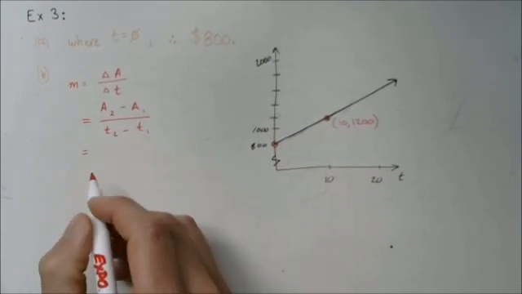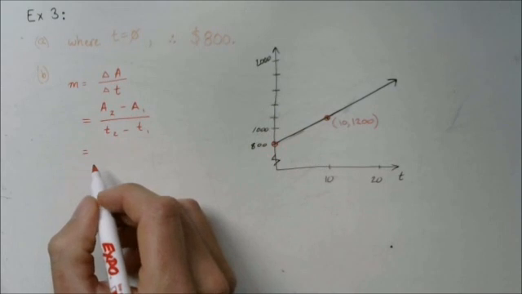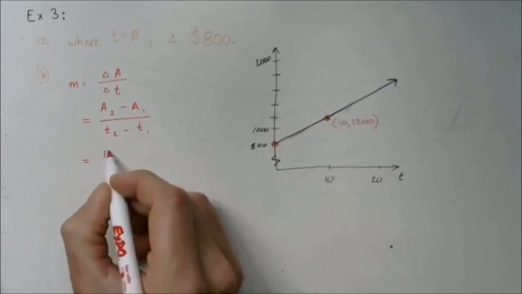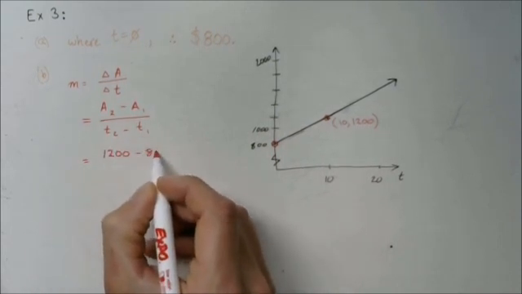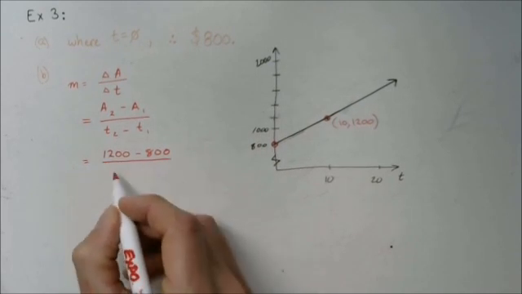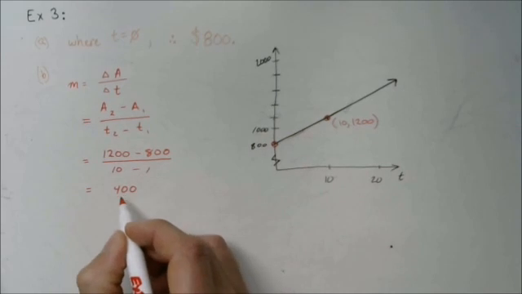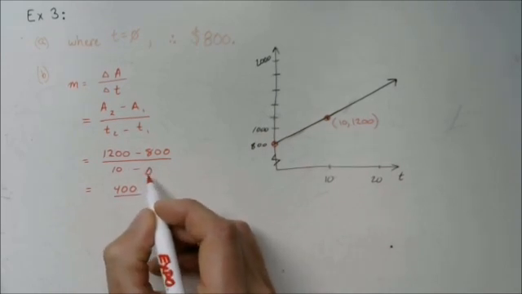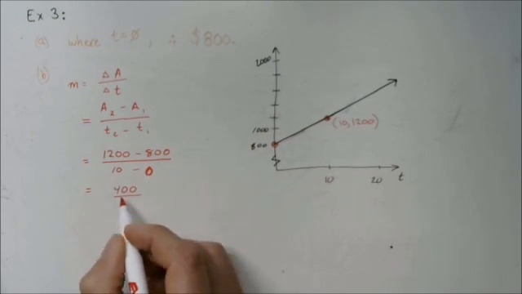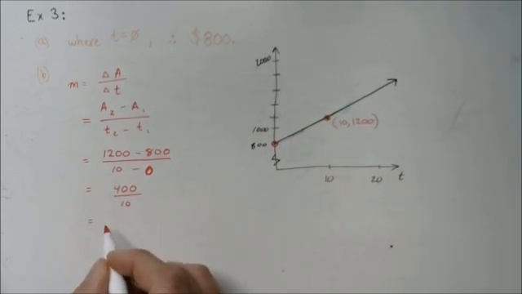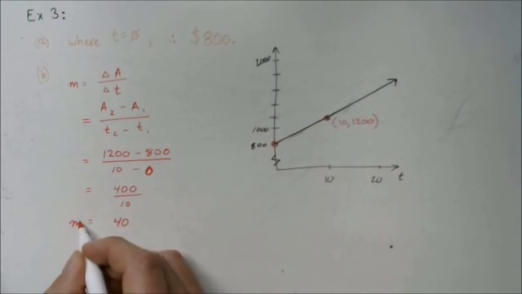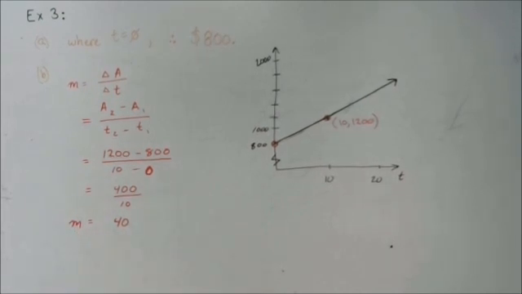Simply rise over run, y's over x's, which gives us 1200 minus 800 over 10 minus 0. Reducing, that's 400 over 10, which gives us a slope of 40. Well, that's not the interest earned, but it is the amount earned per year.